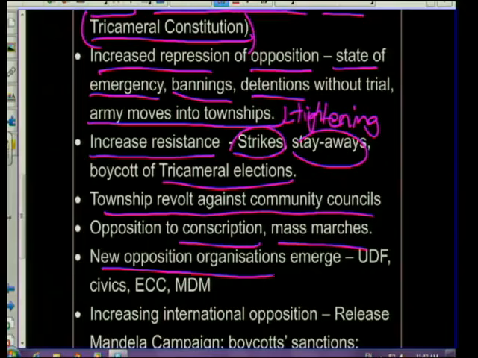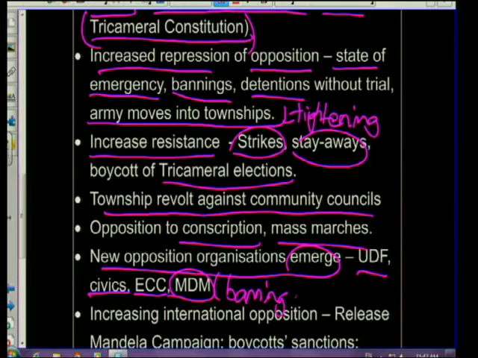New opposition organizations emerged, the formation of the UDF, the civic organizations, the End Conscription Campaign, which is abbreviated as the ECC, and also the formation of the Mass Democratic Movement after the banning of the UDF.